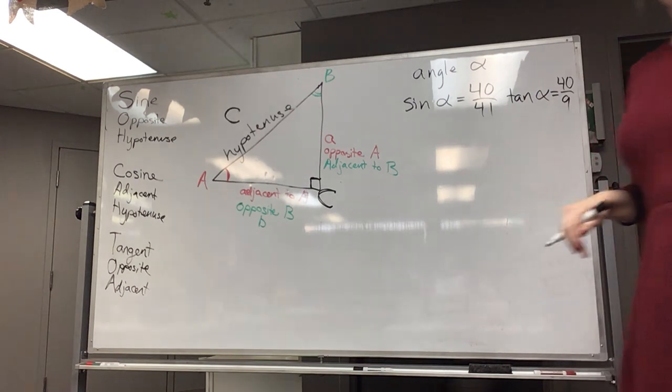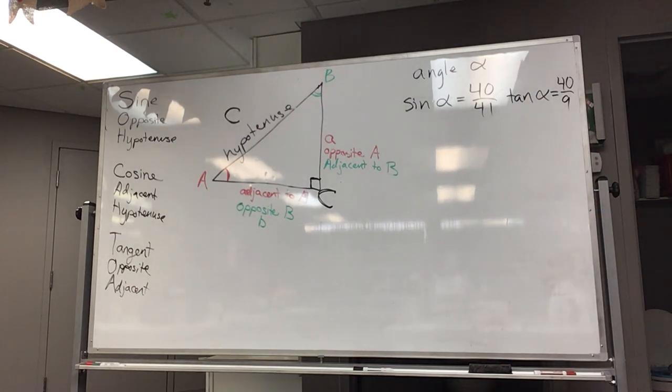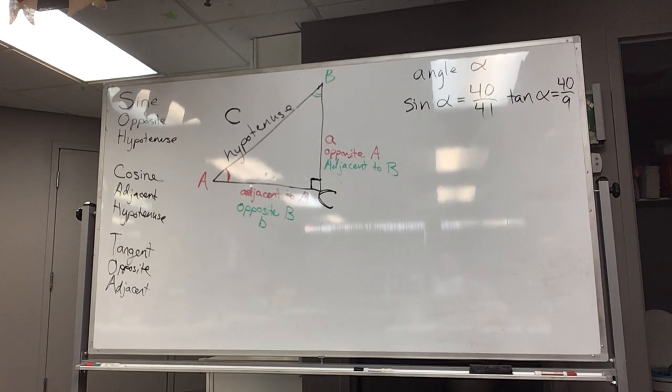And based off this question, I'm afraid I misremembered on those Pythagorean triples. It should have been 40, 41, and 9, not 41, 42, and 9. So if you wrote that down, please fix it, and I apologize. And this is the setup.